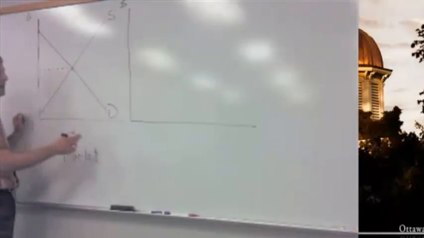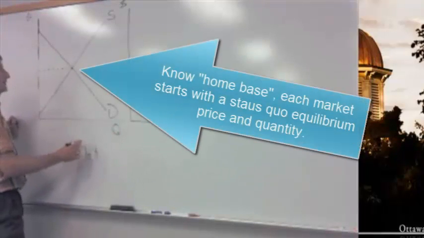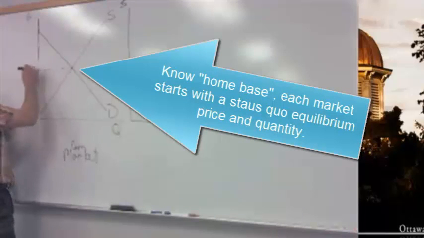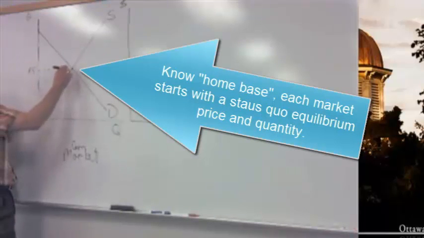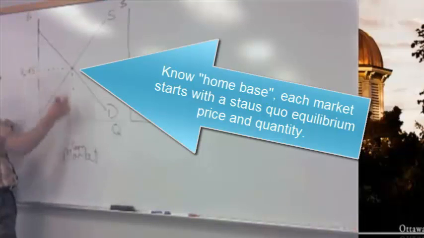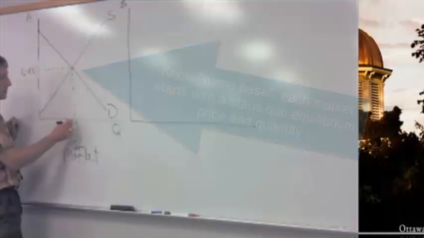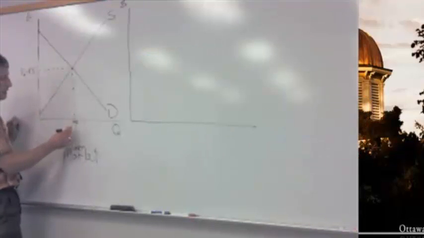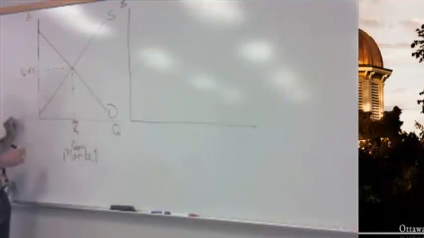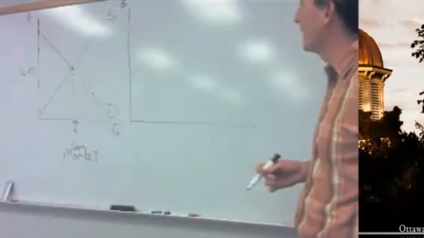If we're talking about the quantity of corn, maybe we've got the corn market, and corn is clearing at $5 a bushel as the initial equilibrium price. And there's maybe 100 million bushels of corn at this initial equilibrium quantity. Same home base we've dealt with since chapter 3, basic supply and demand.